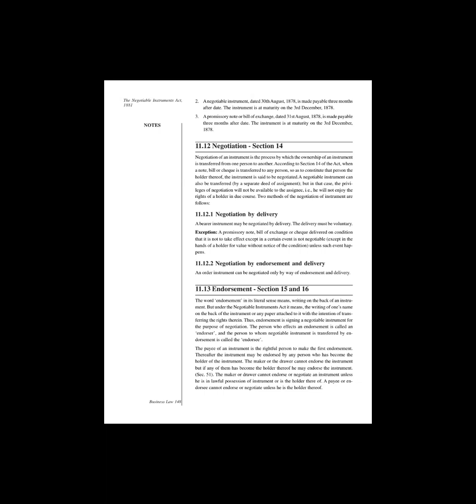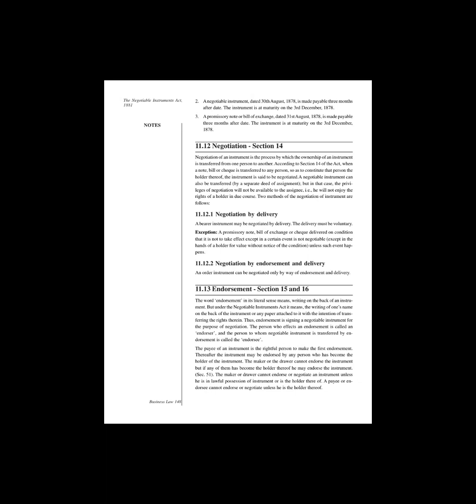Thus, endorsement is signing a negotiable instrument for the purpose of negotiation. The person who effects an endorsement is called an endorser, and the person to whom the negotiable instrument is transferred by endorsement is called the endorsee.